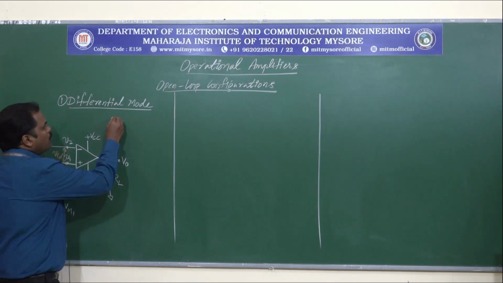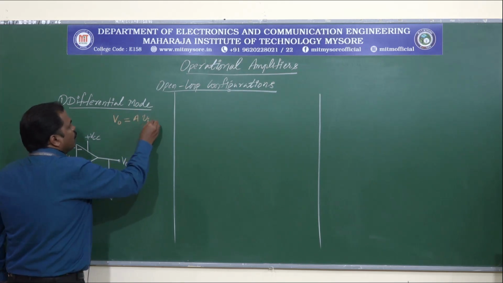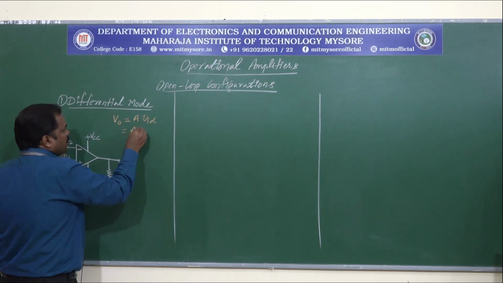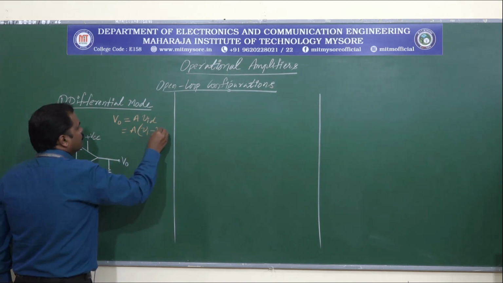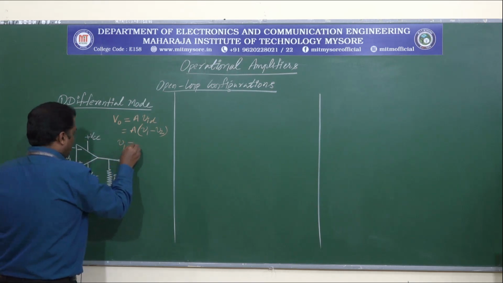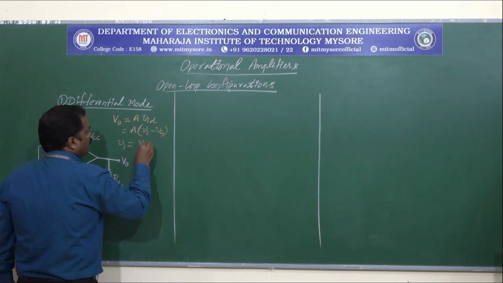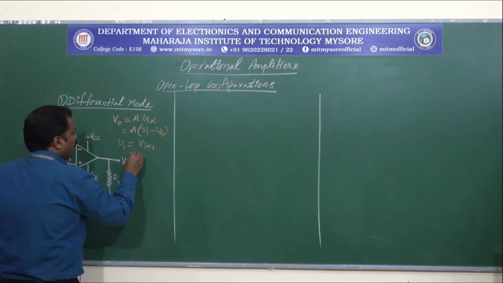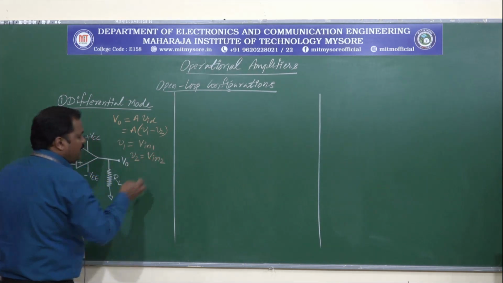And the output voltage V0 is given by A into VID, which means A into V1 minus V2. And here we know V1 is connected to input signal V in 1 and V2 is connected to V in 2.